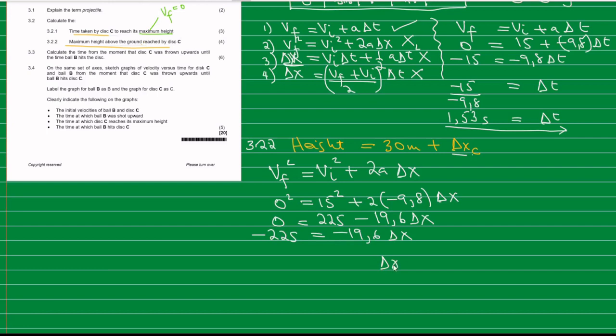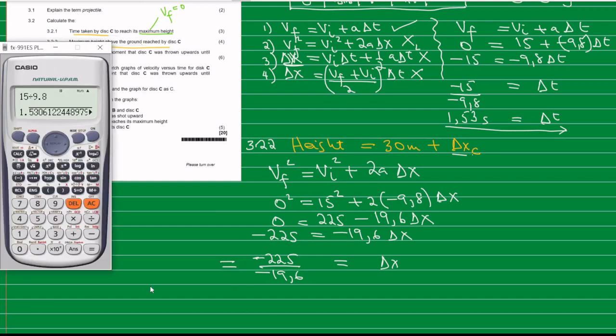So our delta X is negative 225 over negative 19.6, which is going to give us, let's calculate that, 225 over 19.6, that is 11.479. So that is going to give us 11.48.